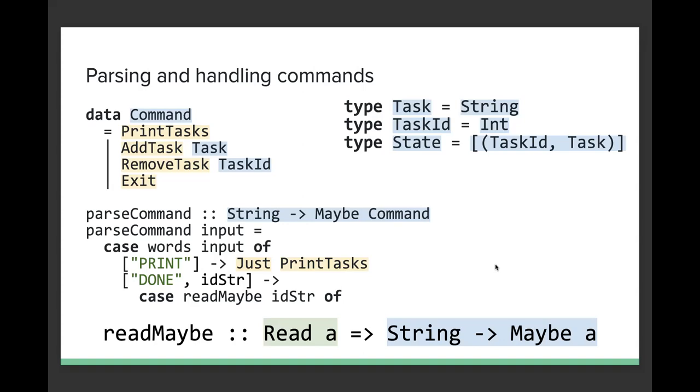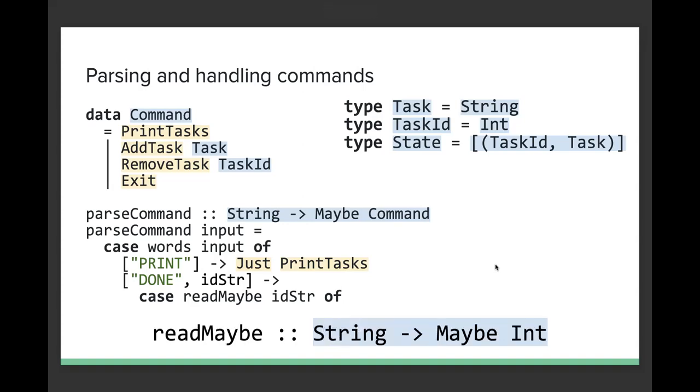So Read A tells you that there is basically a parser somewhere for this type A, right? And readMaybe basically is a parser for this type A. So readMaybe of the ID string will return either, in this case, either Nothing or Just some integer.